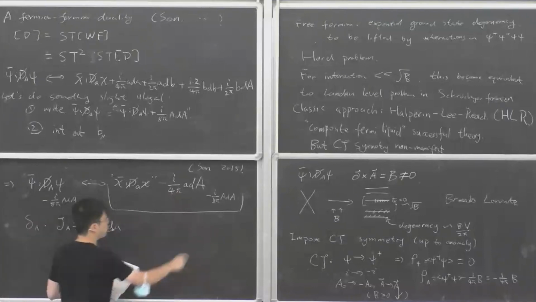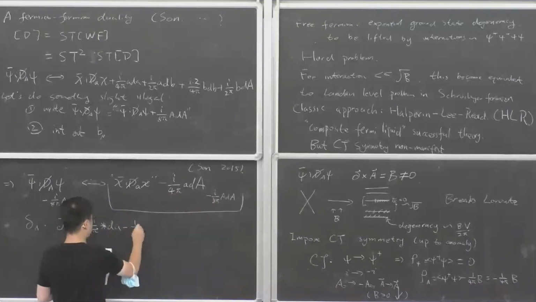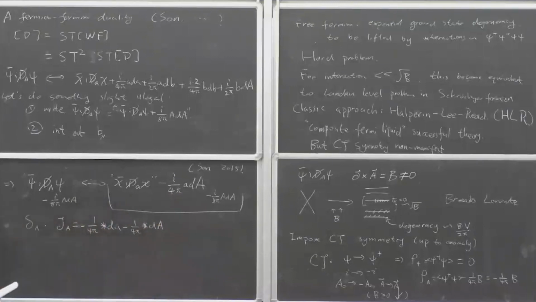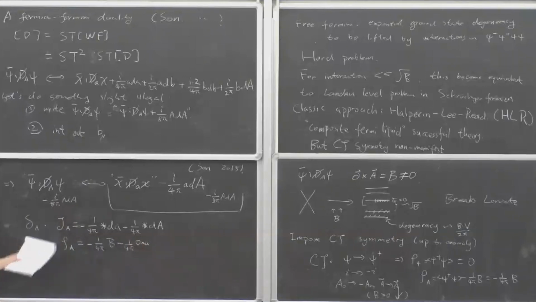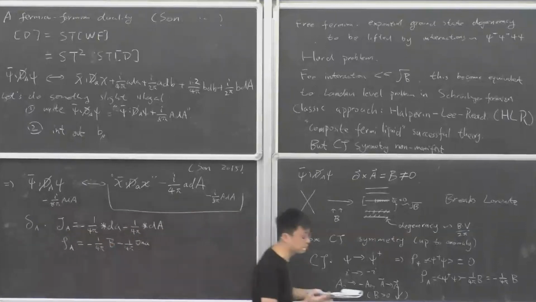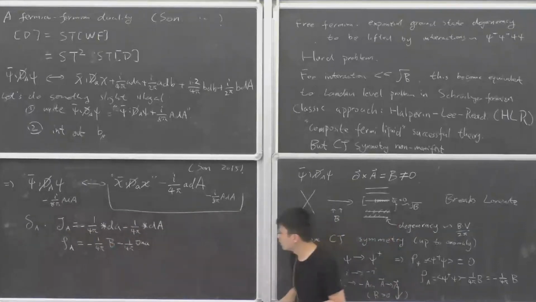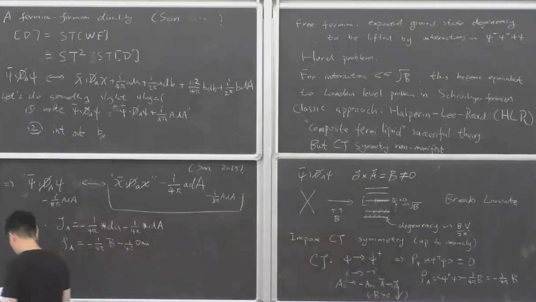And from this background term, I get this background charge. Okay. If I write the zeroth component, this is just minus 1/4 pi B minus 1/4 pi curl A. Of course, whenever I write down things like this, I'm neglecting higher order derivative terms that can naturally come from, let's say, Maxwell term and so on. But for now, let me not worry about those terms. Okay.